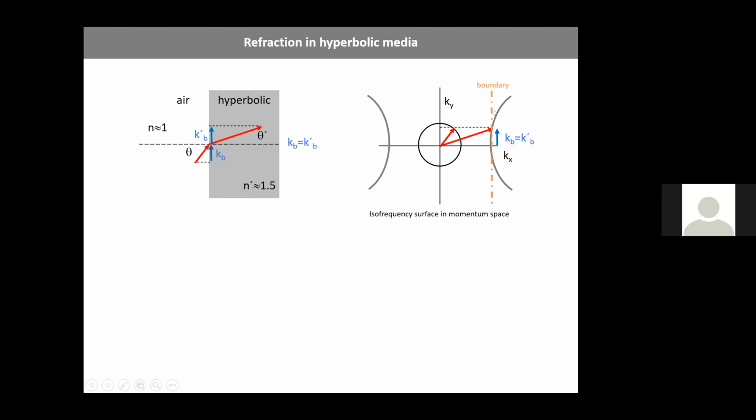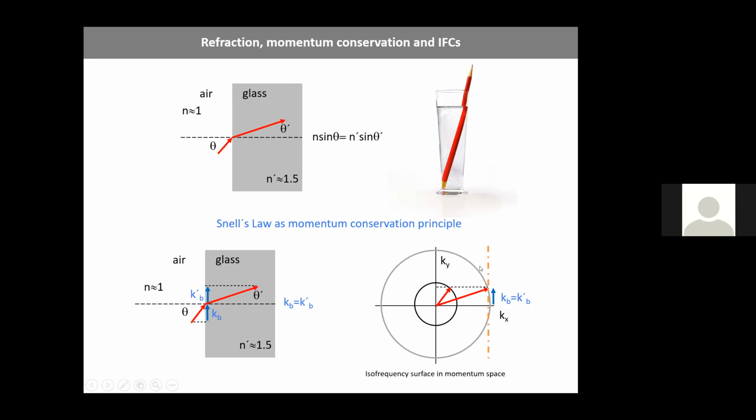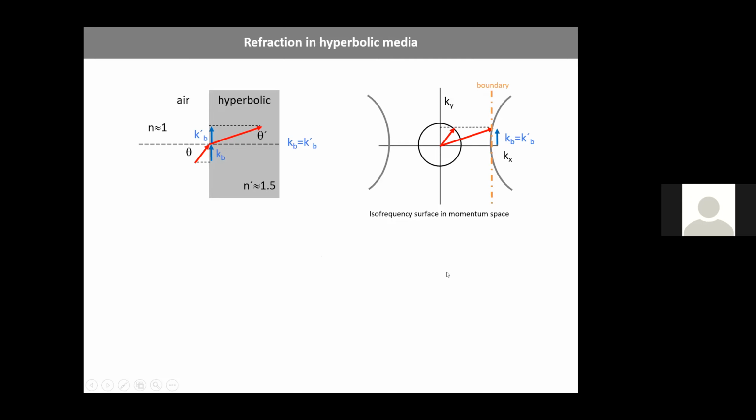Let's take a hyperbola that crosses the boundary at the same point where before it crossed the circle. So K can take the same vectors as before to reach momentum conservation. So we have the same K vectors here, like the red arrows.